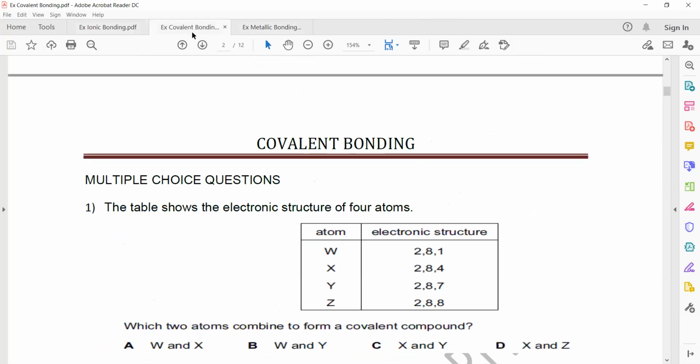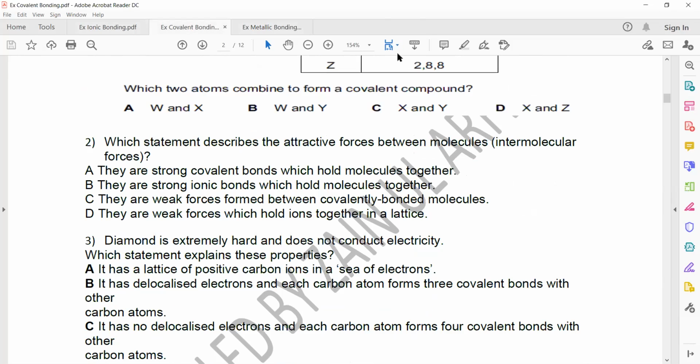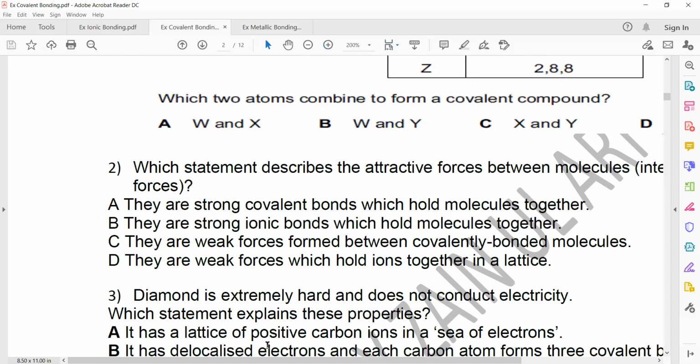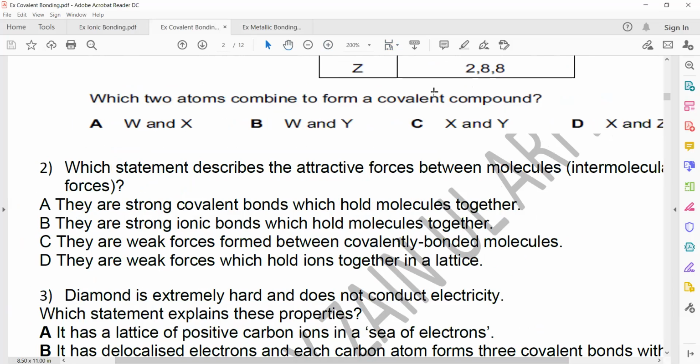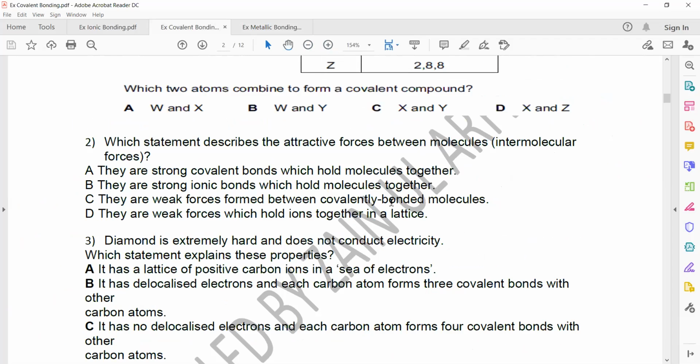If any one of you has a doubt, you can ask or mention. Question number 2. Which statement describes the attractive force between the molecules, or intermolecular force? When we say intermolecular force, it is the force between the molecules, and this is related to covalent compounds.